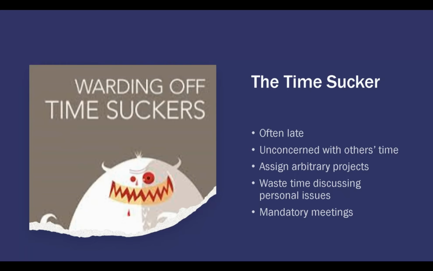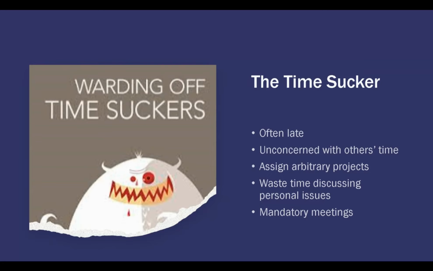Time suckers may also use your work time to discuss personal problems. They come to you with a project, and in the course of discussing the project, they might mention something personal. Trying to be polite, you ask them a question about it, and the next thing you know, they're now spending 2 to 3 hours in your office daily talking about their personal issues.